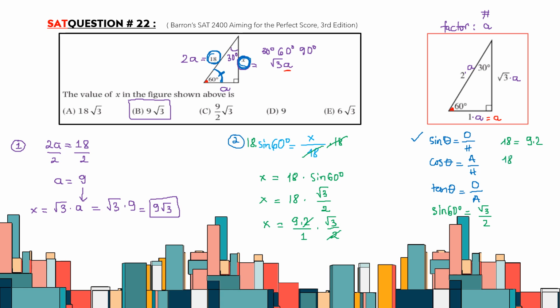And 18 is the same thing as 18 over 1, so 9 times 2 over 1 is still 18. Multiplication between fractions is the top multiplied by the top, bottom by the bottom. 9 times square root of 3 over 1, that is 9 square root of 3.